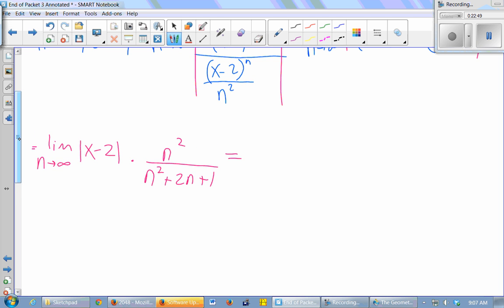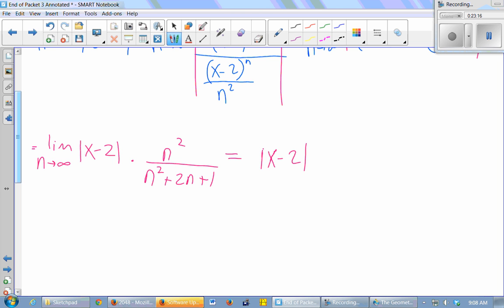All right, what happens to the n squared over n squared plus 2n plus 1 as n goes to infinity? Goes to 1, yeah. It's a rational function. Degree of the numerator and denominator are the same, so the limit is the ratio of leading coefficients. So this equals the absolute value of x minus 2, that limit, right?